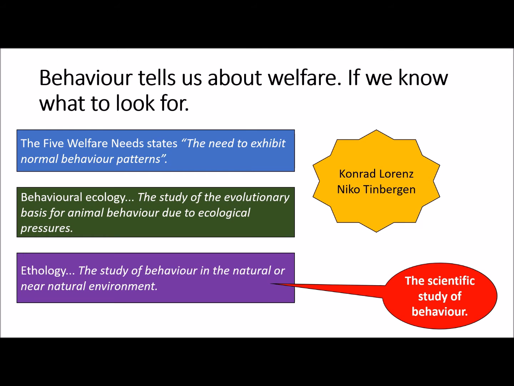And the reason why Lorenz and Tinbergen were so monumental in the work that they have done for this field is because they took the animal out of the laboratory and they looked at it in the wild, and they realised how much the wild meant to the behaviours that were being performed. The wild provides the context for the behaviour that we see in the animal in front of us. So ethology is the scientific study of behaviour.